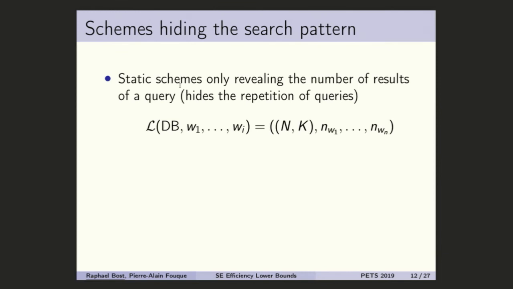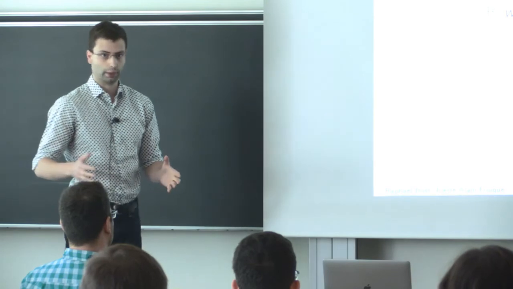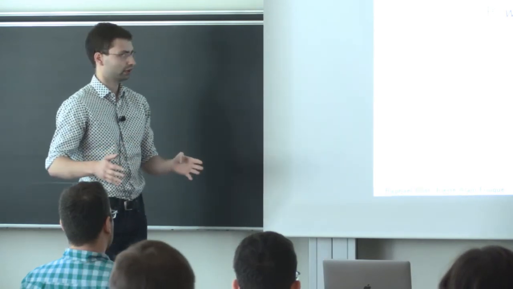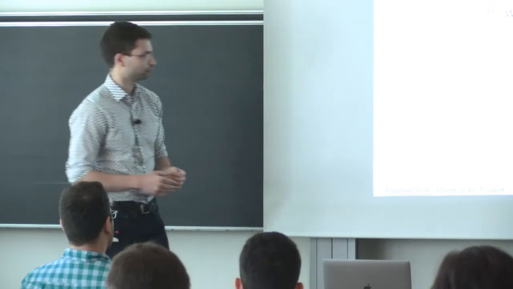This is something very general. Unless you have something very inefficient, you're always going to reveal, or almost always going to reveal, the number of results to a search query.